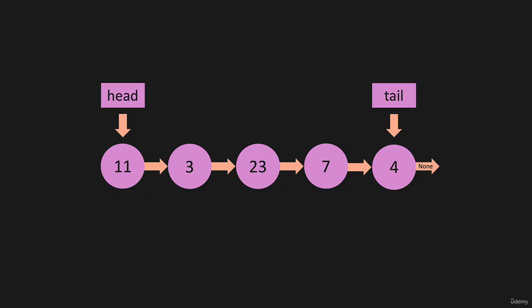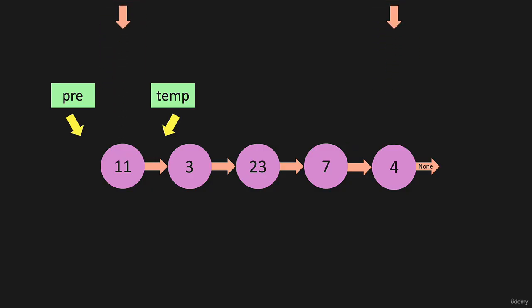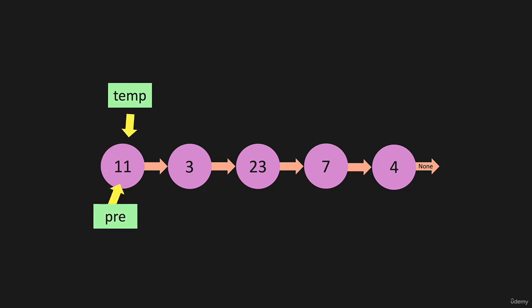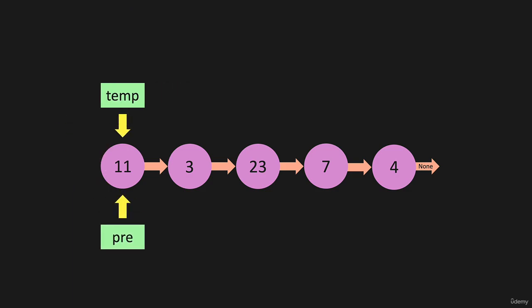So if you weren't able to code it before, if it was too complicated, this is another place that you might want to pause the video and take a crack at it, because I'm going to get into a little bit more detail of how to approach this. So I'm going to bring in two variables, pre and temp, and I'm going to set them equal to head. And for now, I'm going to just remove head and tail, and I'm going to move pre underneath like this.